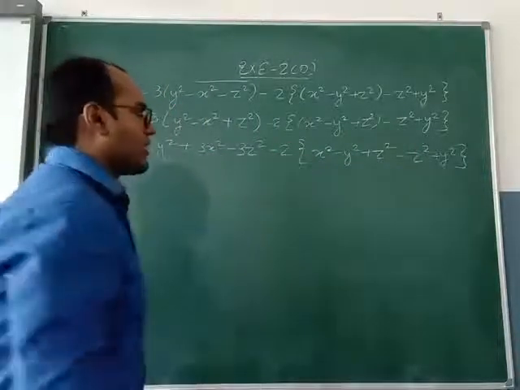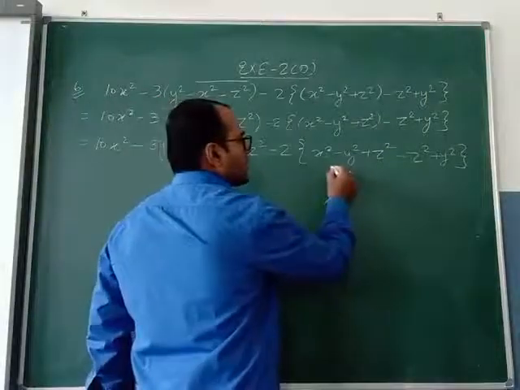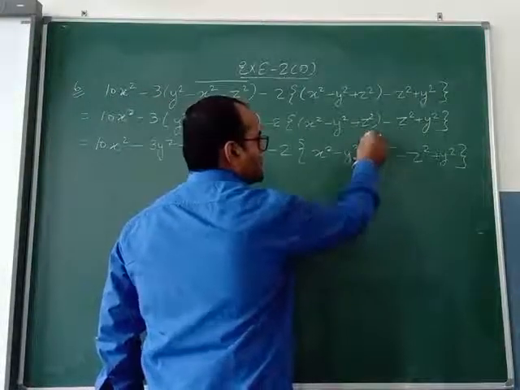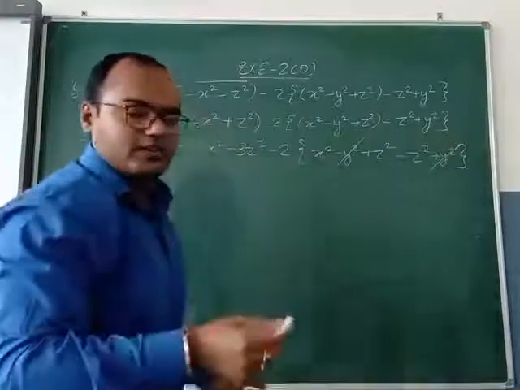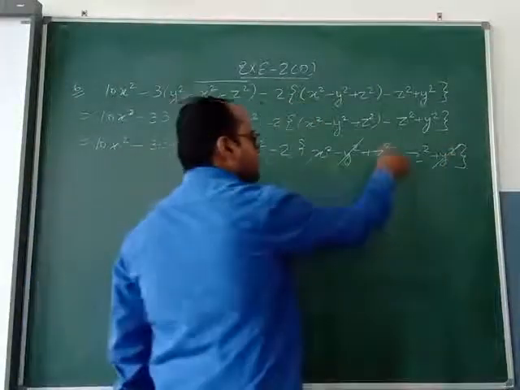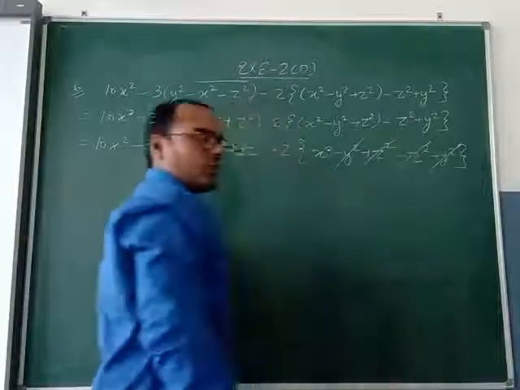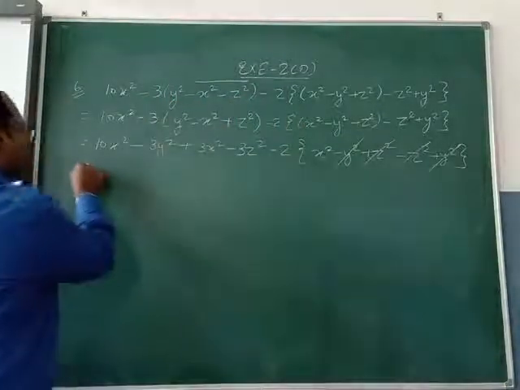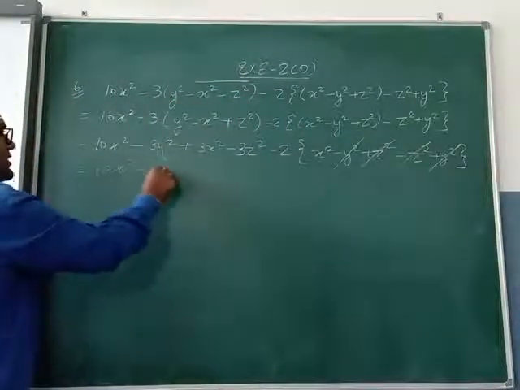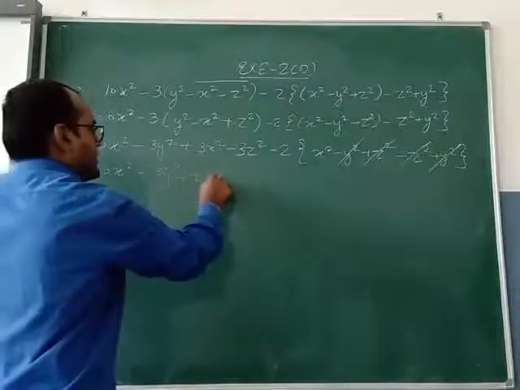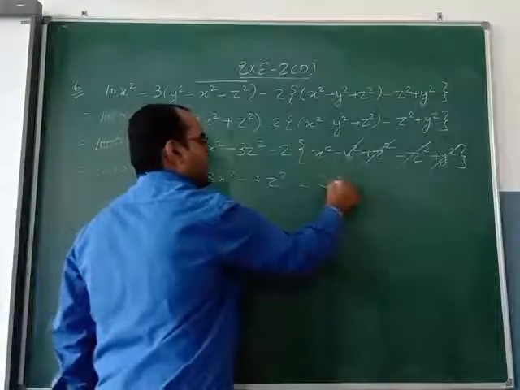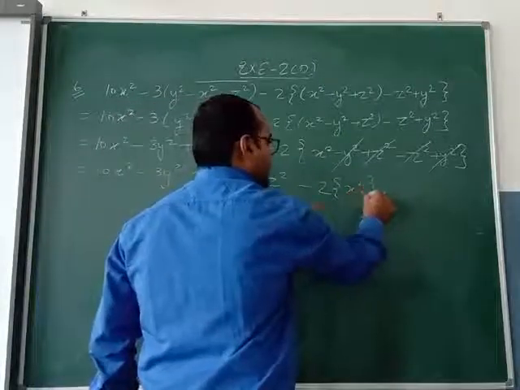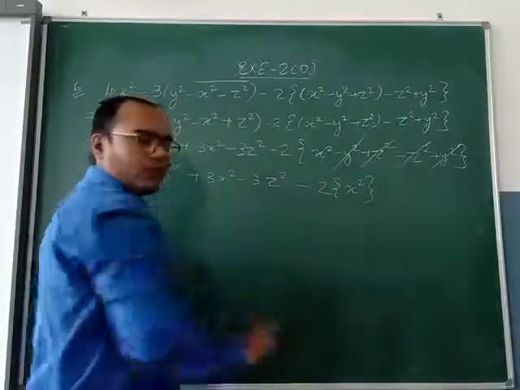Inside this curly bracket you will observe minus y square and plus y square both are having opposite sign. These two will get cancelled. Plus z square and minus z square also will get cancelled. Now 10x square minus 3y square plus 3x square minus 3z square minus 2 bracket x square is the remaining term. Now we will open the bracket.